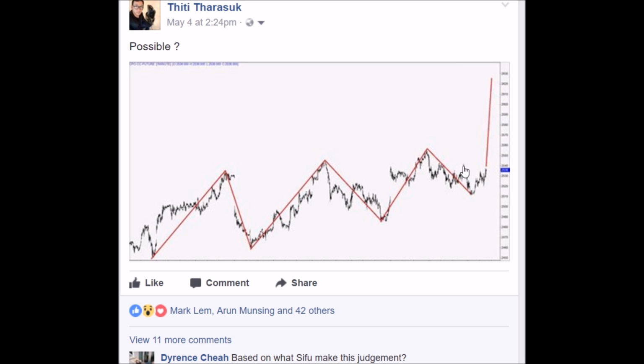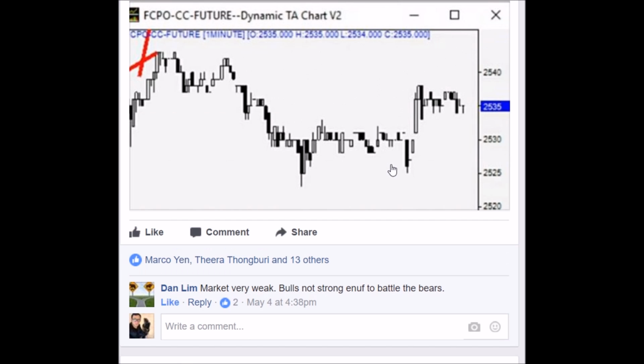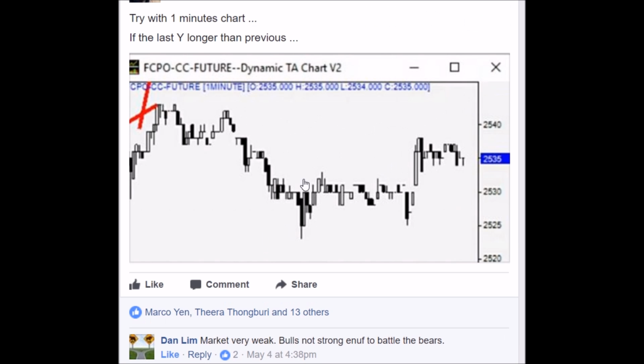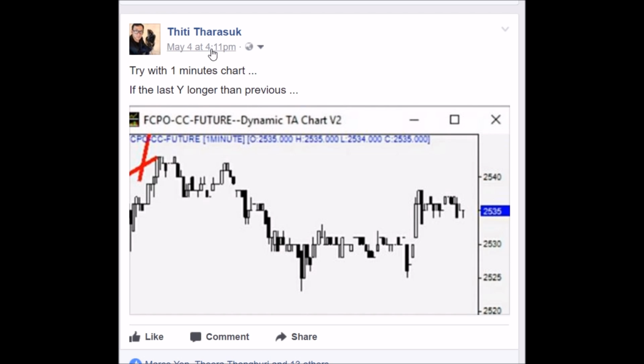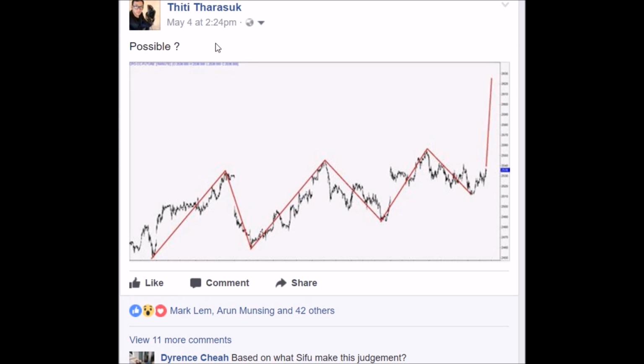After we set up the target, we enter. After we enter, we monitor this. From this picture, this price was posted at 4 p.m. on the 4th of May. In this picture, it's 2 p.m. on the 4th of May.